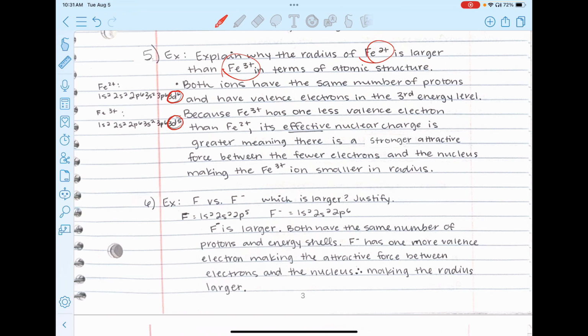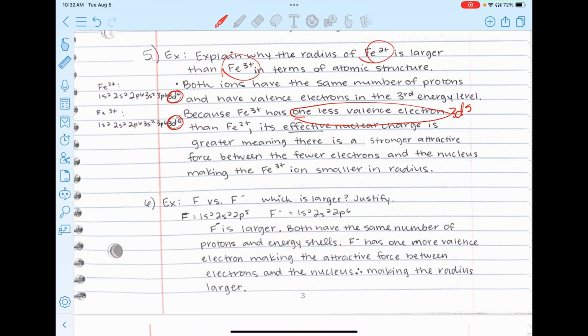So although they have the same number of protons, because Fe3 plus has one less valence electron, the 3d5 versus 3d6, its effective nuclear charge is greater. Why? Even though it has the same number of protons, that force is exerted on fewer electrons.